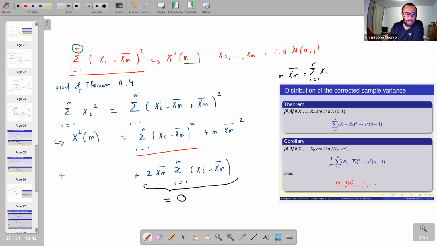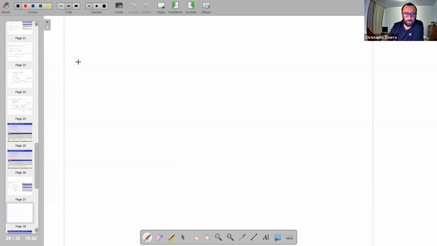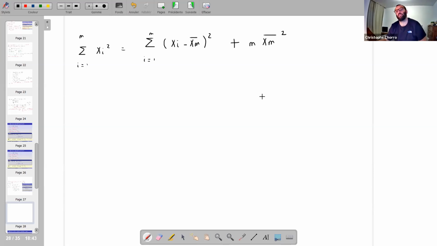So if I continue my computation, I obtain that the sum of the Xi squared from i equal to 1 to n is equal to the sum of 2 terms: the sum from i equal to 1 to n of (Xi minus Xn overline) squared, plus n times Xn overline squared.